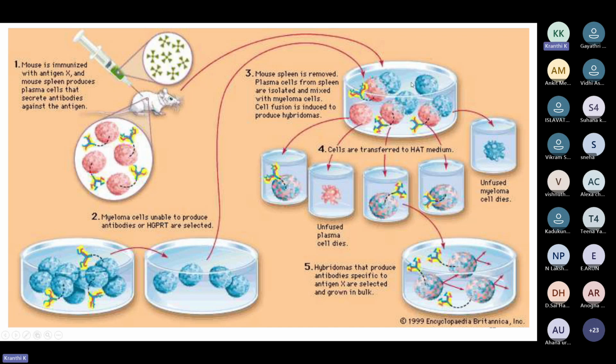Sometimes both plasma cells may combine, but then there won't be any myeloma cell activity. So there are four chances. What are the four chances here? There is a chance of combining two myeloma cells. That's not needed. Then there is a chance of combining two plasma cells.